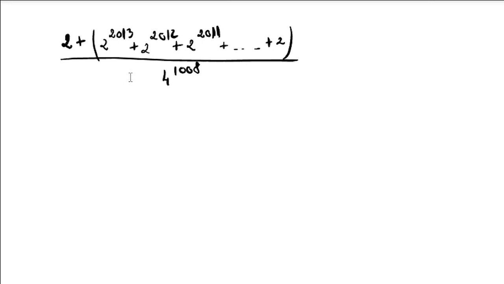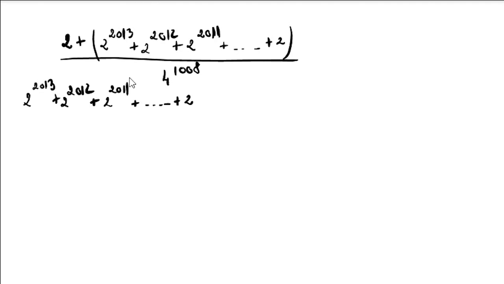First, we calculate the sum above, but we can also rewrite it like this: 2^2013 + 2^2012 + 2^2011 + 2.